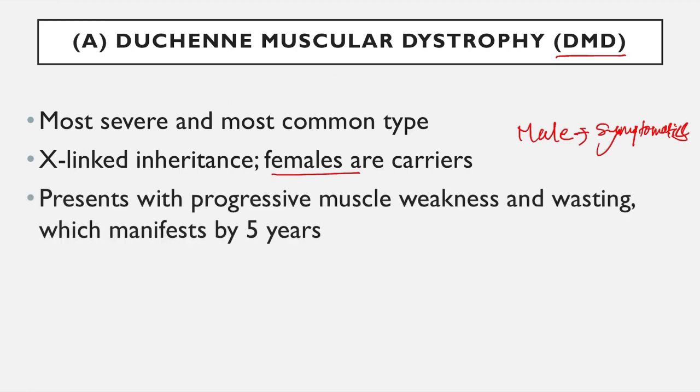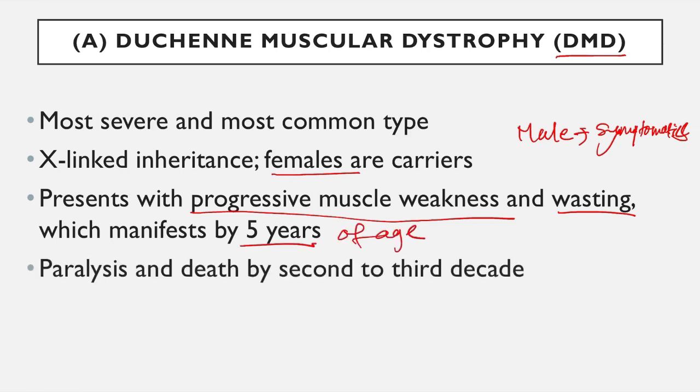Presents with progressive muscle weakness and wasting, which manifests by 5 years of age. Paralysis and death by second to third decades. It means second decade, 10 to 20 years, to third decade, 21 to 30 years.